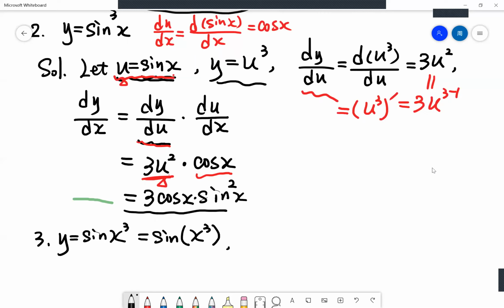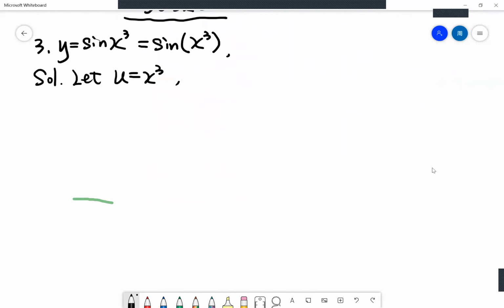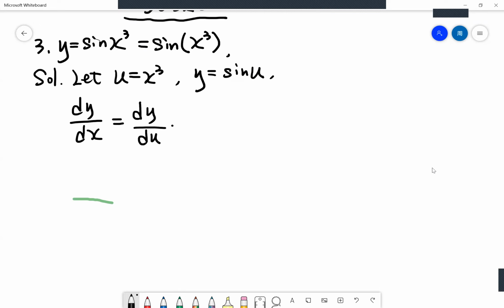So here we let u equal x to the power 3, and now y equals sine u, right? So dy by dx here equals dy by du times du by dx. And the first part, dy by du here.